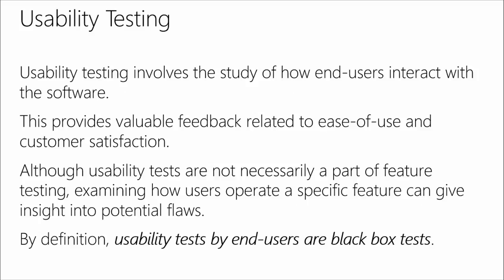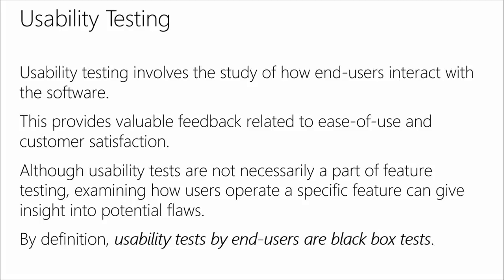So next, let's talk about usability testing. This really involves the study of how the end user interacts with the software. We talked a little bit about UI testing in the previous module, but let's talk about it from here. Usability tests are usually black box tests.